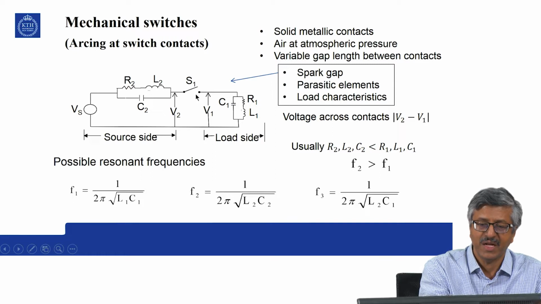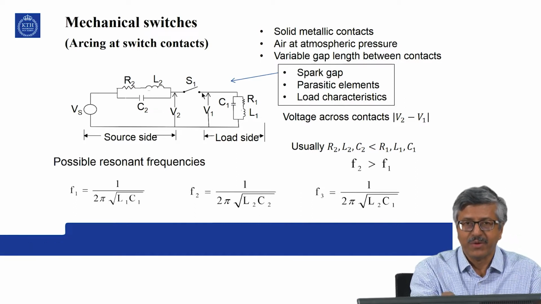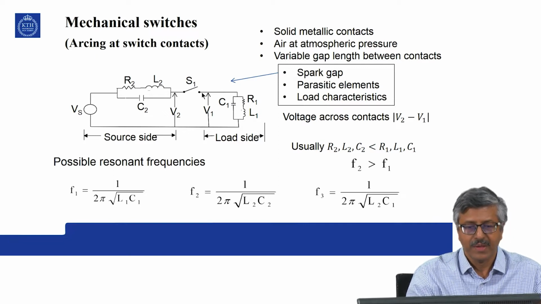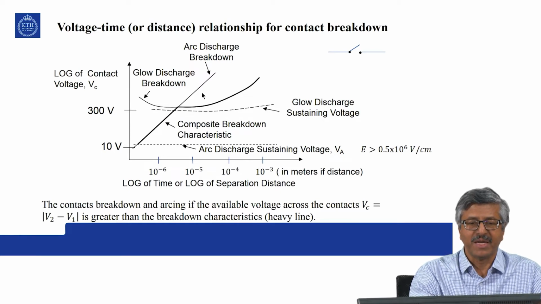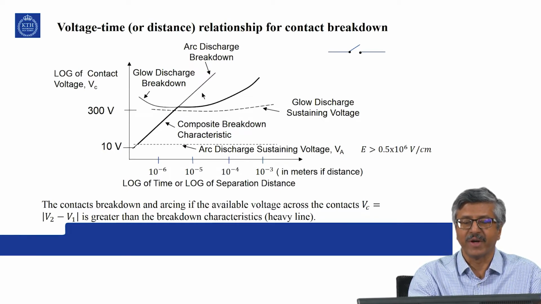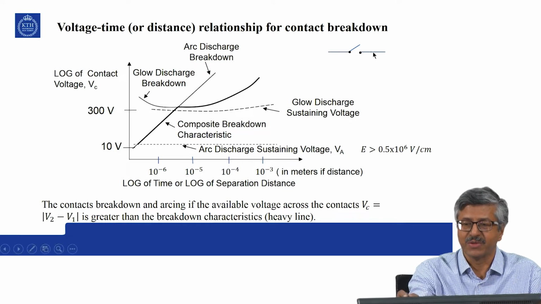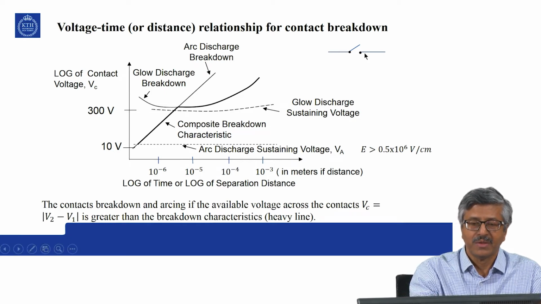If this gap length is above certain value, you can produce an arc. So, that will produce additional noise in the switch. So, let us look at the voltage time relationship for contact breakdown. So, this is a mechanical switch.